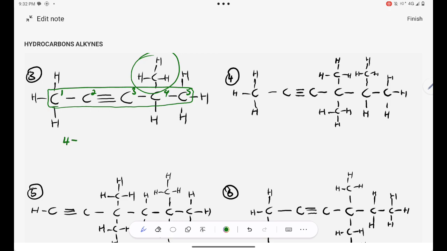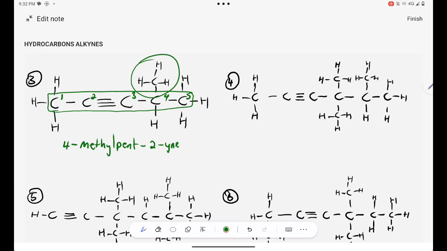So I'll simply say this is 4-methyl. The parent chain has 5 carbons, so this will be pent. Between carbon number 2 and 3, I have a triple bond, so pent-2-yne. So the IUPAC name is just 4-methylpent-2-yne.